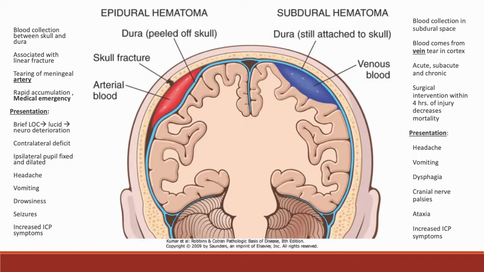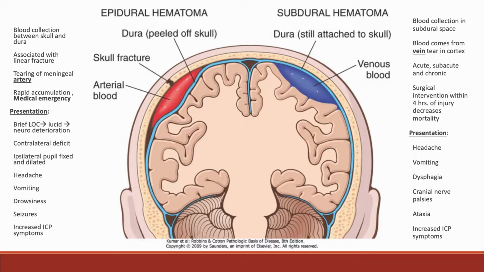The classic presentation includes a brief loss of consciousness, then what we call a period of lucidity. That is where the patient has full awareness of what's going on around them and can participate and communicate, and then they have abrupt neurodeterioration. So that's the classic presentation with an epidural hematoma.